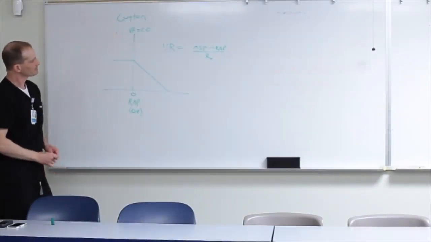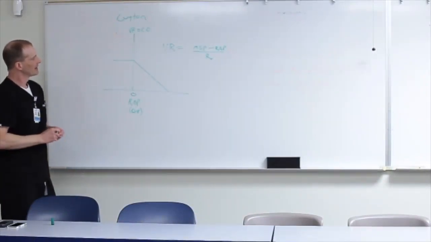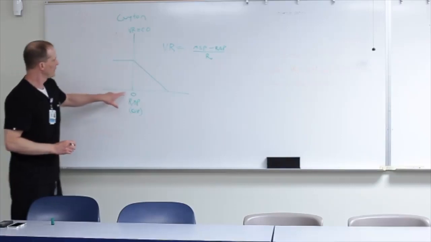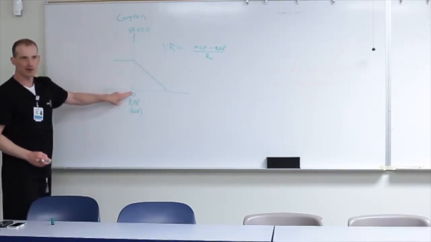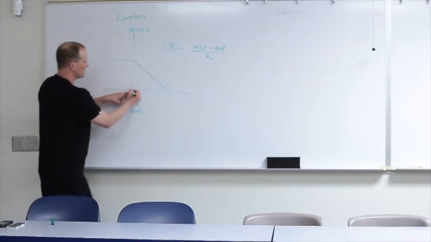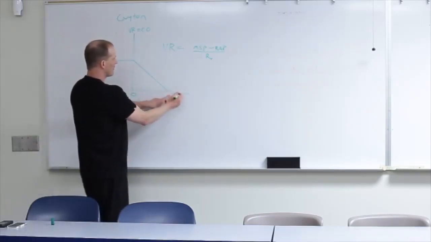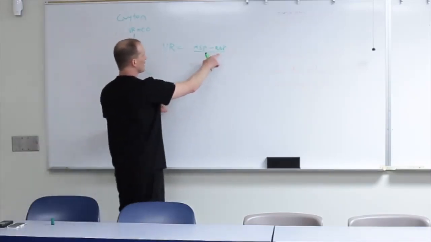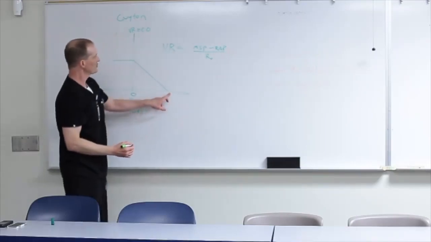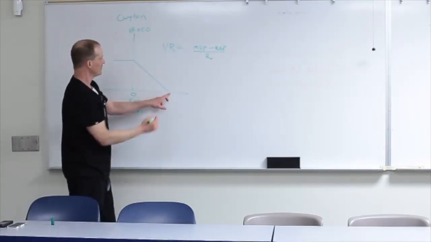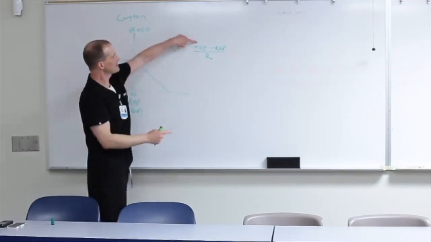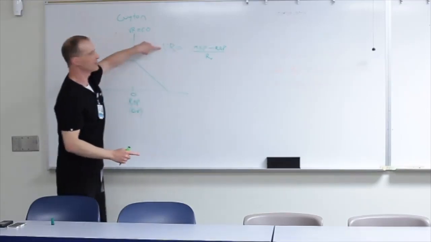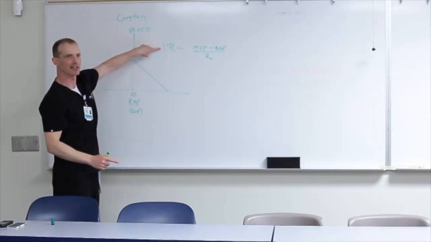Okay, so if we make the point where venous return is 0, at that point the right atrial pressure is going to have to equal the mean systemic pressure, because if the mean systemic pressure was higher than this, there would be some venous return, right? You guys see that?